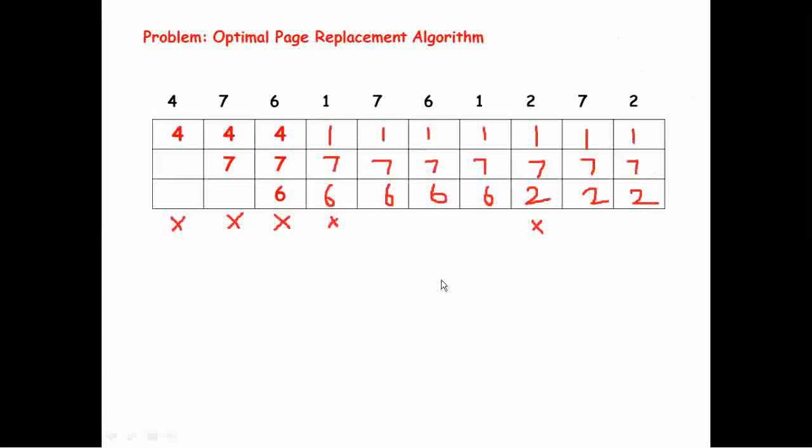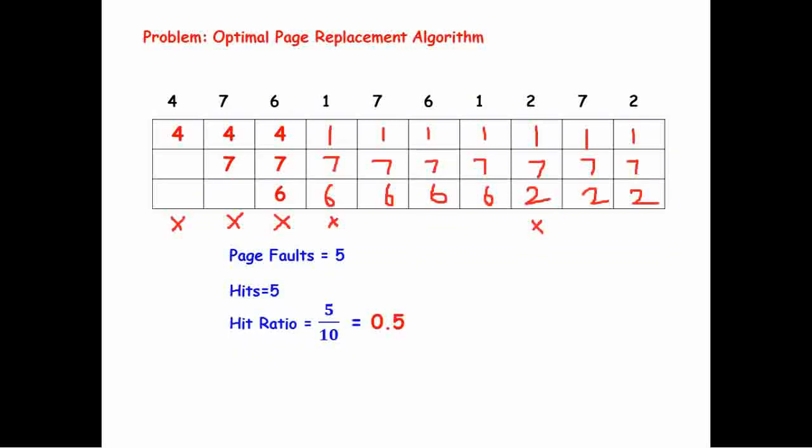Now let us calculate the total number of page faults. Total number of page faults is equal to 5. And total number of hits is equal to 5. Hit ratio is equal to 5 divided by 10. That is total number of hits divided by number of hits plus number of misses.